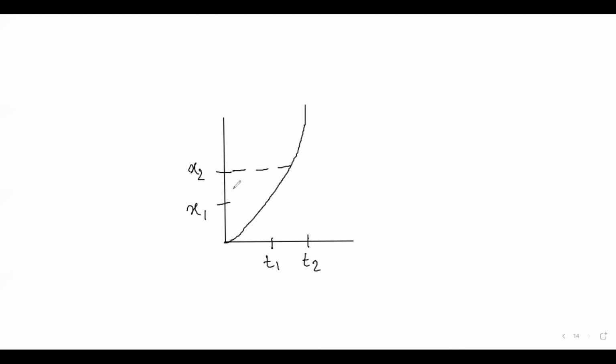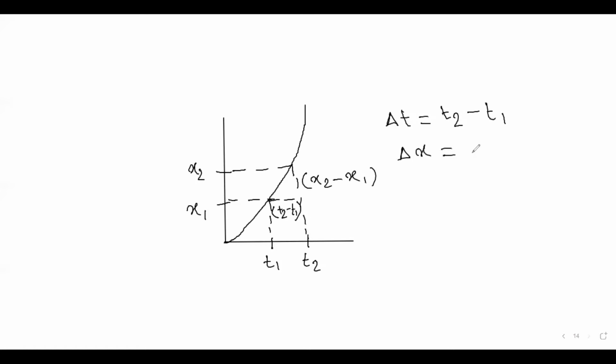And we are just going to again make the dotted lines. So this will be x2 minus x1, and this will be t2 minus t1. Okay, so we can write delta t as t2 minus t1, and we can write delta x as x2 minus x1.